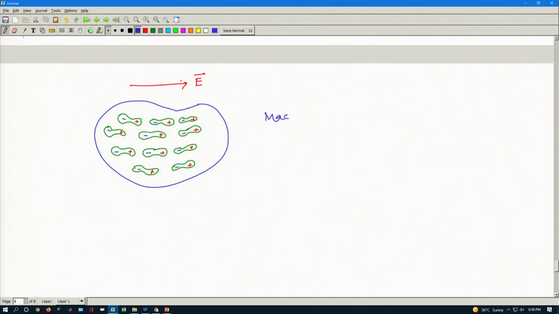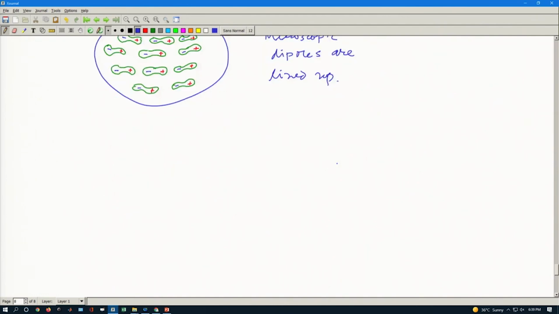No, this is not macroscopic, this is the microscopic dipole. So, these microscopic dipoles are lined up like this.